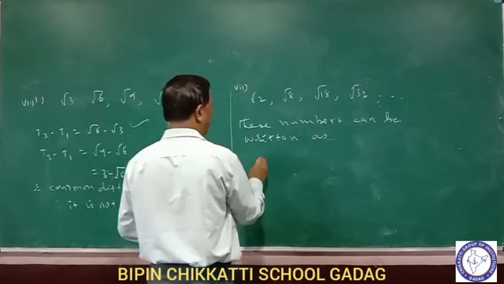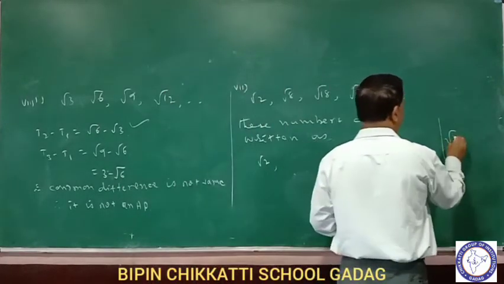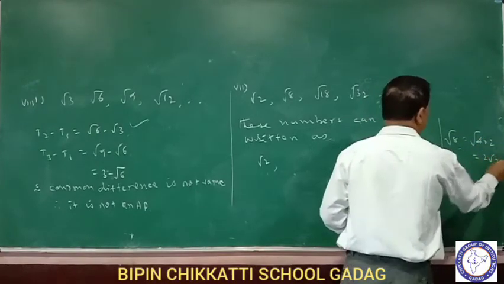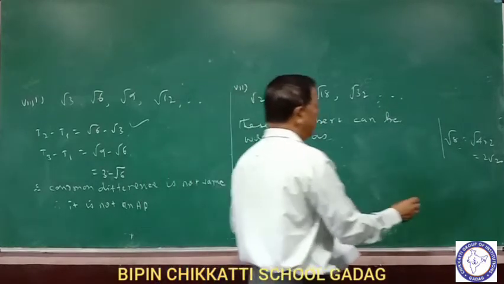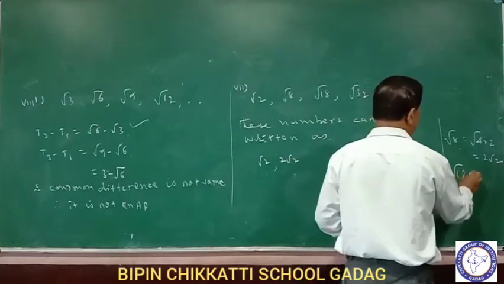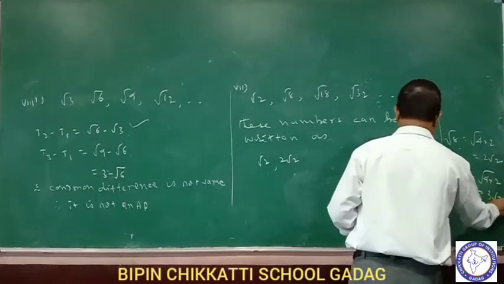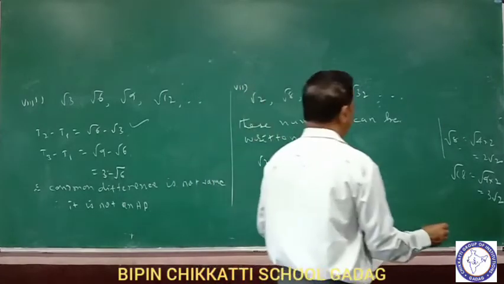Root 2 is root 2. Root 8, how do you write it? Root 8 can be written as root 4 into 2. This is nothing but 2 root 2. So the next number is 2 root 2. And root 18 is nothing but root 9 into 2. This is 3 root 2. So you write 3 root 2. And next root 32.